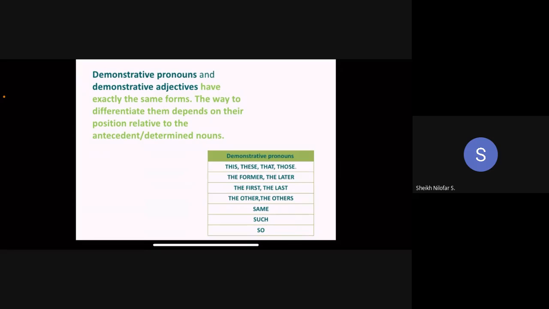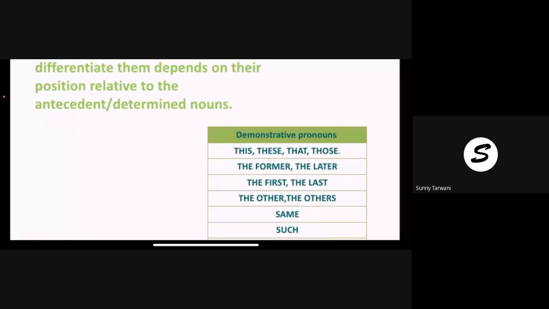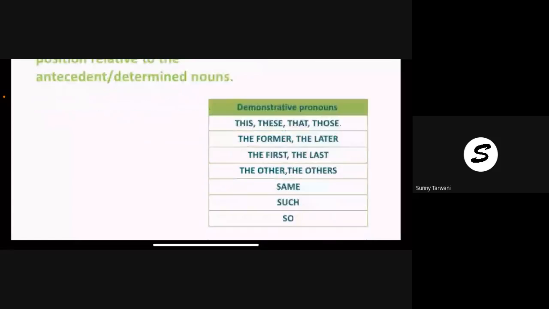Demonstrative pronouns: these, that, those, the former, the latter, the first, the last, the others, same, such, so. So these are all demonstrative pronouns which are given in the table. You have to remember all these. These are demonstrative pronouns.